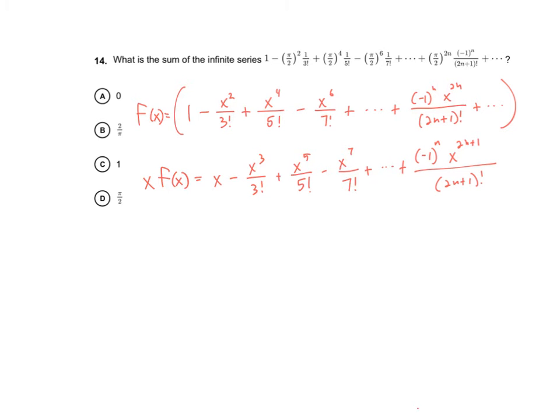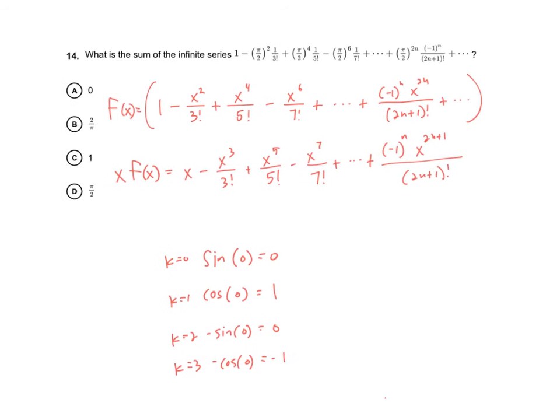Because if we look at this, sine of 0 is 0. The derivative of sine, cosine 0, is 1. This is k equals 0, k equals 1, k equals 2. The negative sine of 0 is 0, k equals 3. Negative cosine 0 is -1.